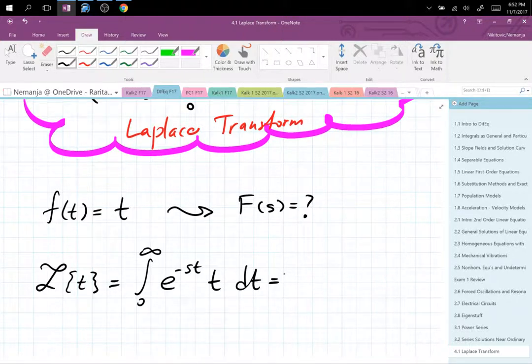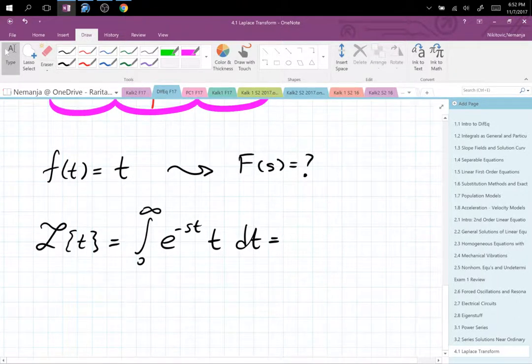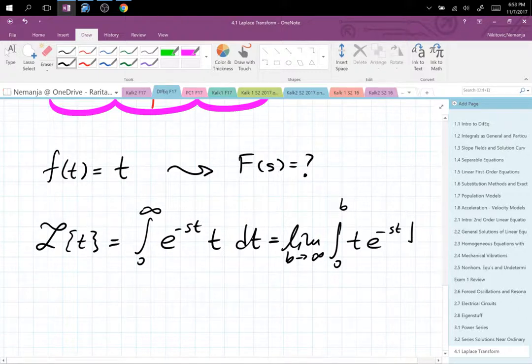So this is the second cheapest integral that you can see for Laplace transforms. And I hope you guys immediately see that this is improper integral of type 1, which means limit b goes to infinity of 0 to b. Right? So we get rid of that infinity by using the limit. And then we have t e to the negative st dt.